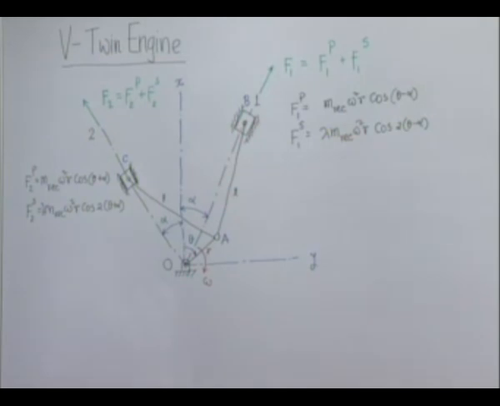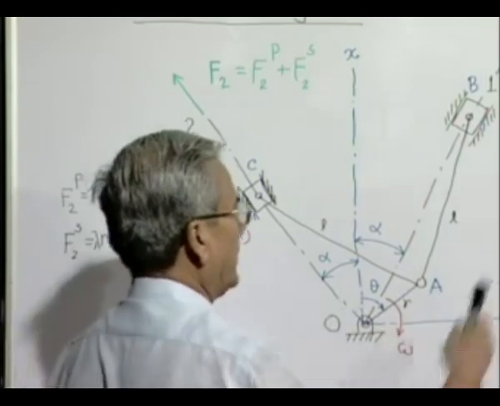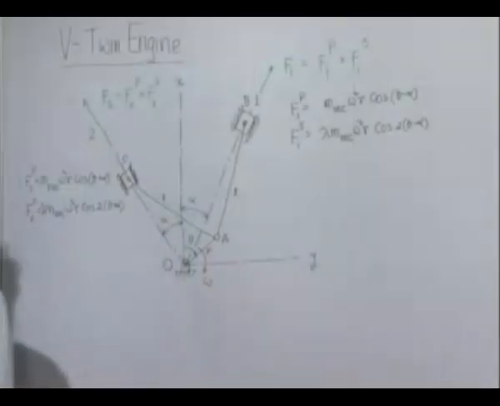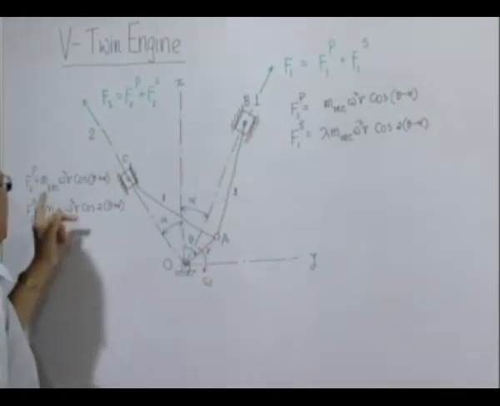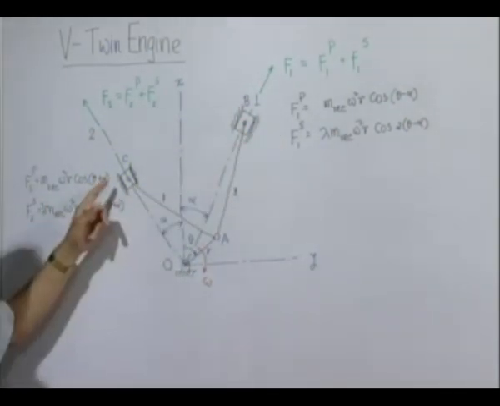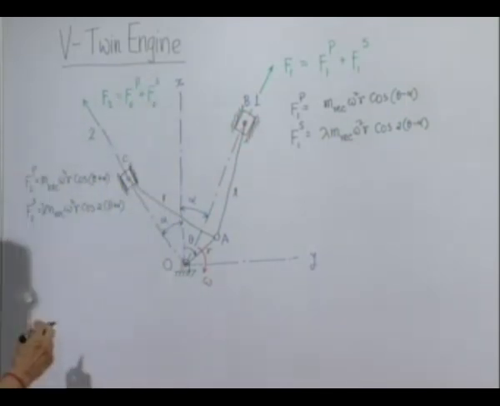Now, if we want to find out the resultant unbalance along x and y, then what we have to do? We have to take the x component of this primary, add that to the x component of this primary, that will give you the engine's total unbalance force in the x direction, in the primary one.